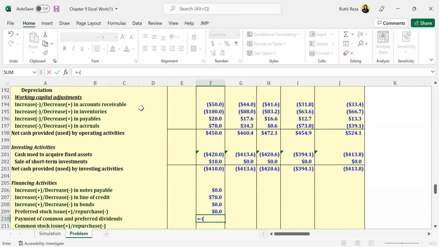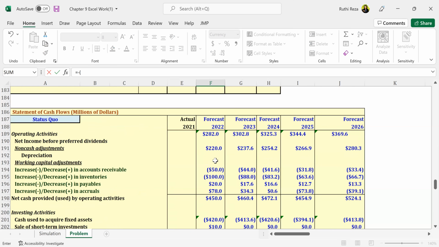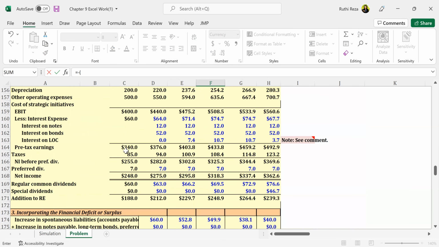Remember, it should be negative. So here, preferred dividend plus common dividends, including special dividends.